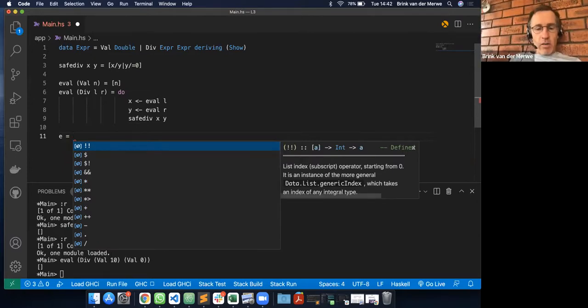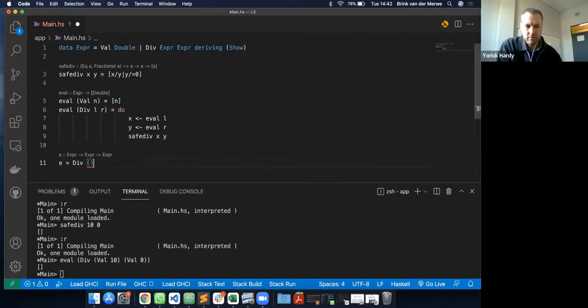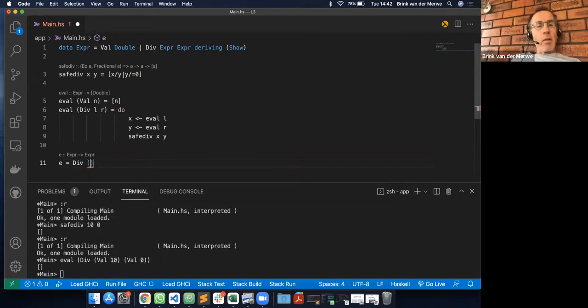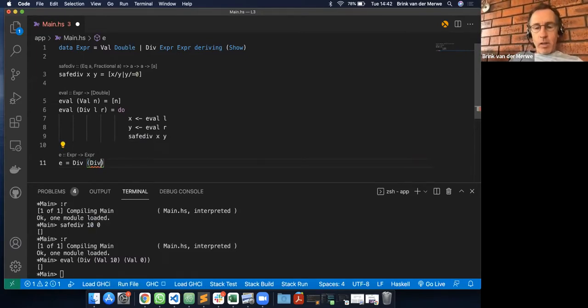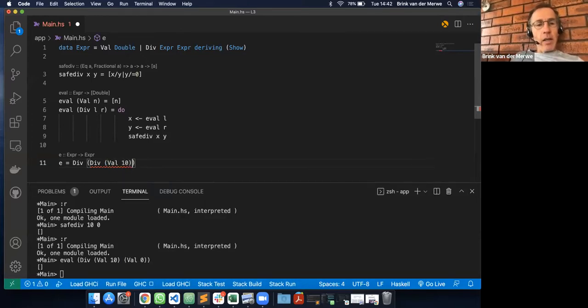If we take some division and perhaps another division, a val of 10 and val of 5 maybe.